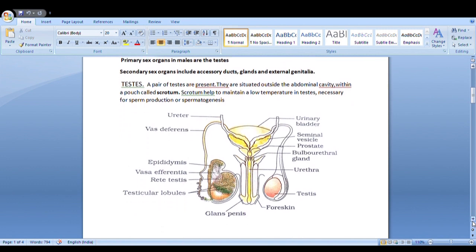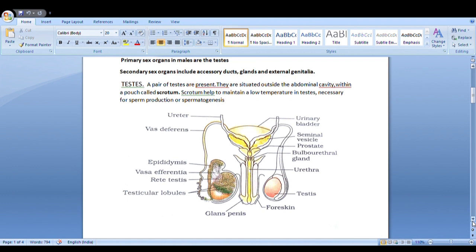Testes. A pair of testes are present. They are situated outside the abdominal cavity within a pouch called scrotum. So, scrotum is the pouch in which testes are enclosed. Scrotum helps to maintain a low temperature in testes, necessary for sperm production or spermatogenesis.